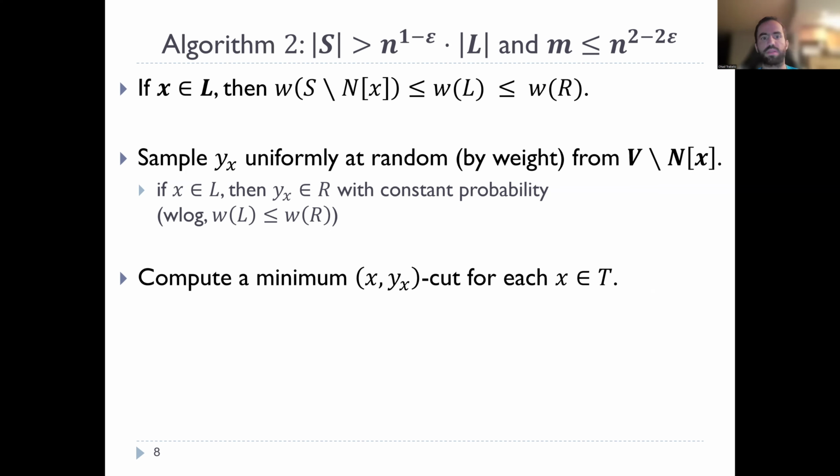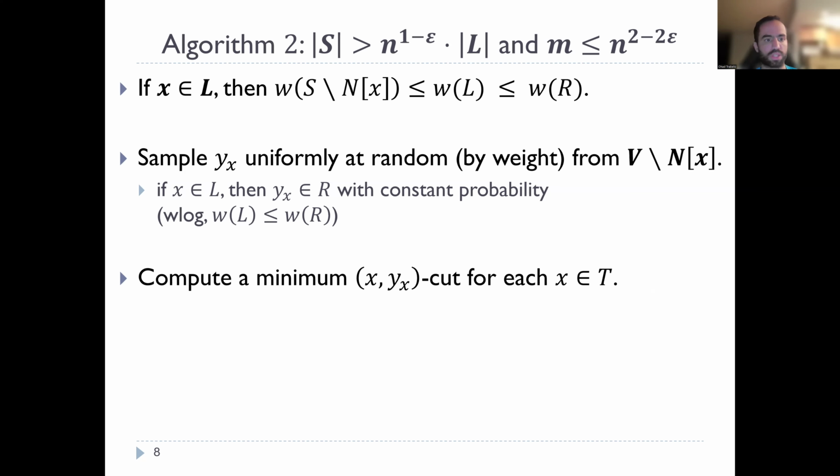The statement that the weight of S minus the neighborhood of X is smaller than the weight of L holds simply because those nodes in S without the neighborhood of X are in the maximum flow from X to any node in R. There are flow paths that go through L and to those nodes, and so they cannot be of weight bigger than the weight of L.